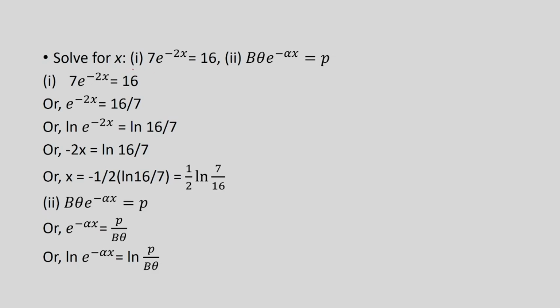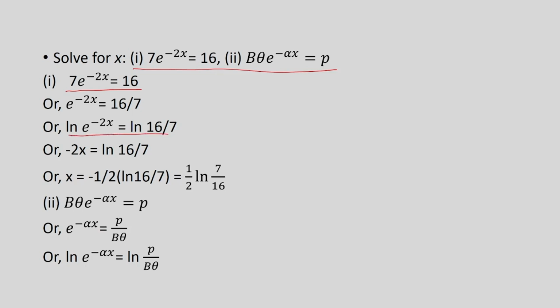Now, suppose we have to solve for x for these two problems, and the first problem is this: 7 multiplied by e to the power minus 2x is equal to 16. Okay. So, from this I divide both sides by 7, I get e to the power minus 2x is equal to 16 divided by 7, and then I take natural logarithm of both sides.